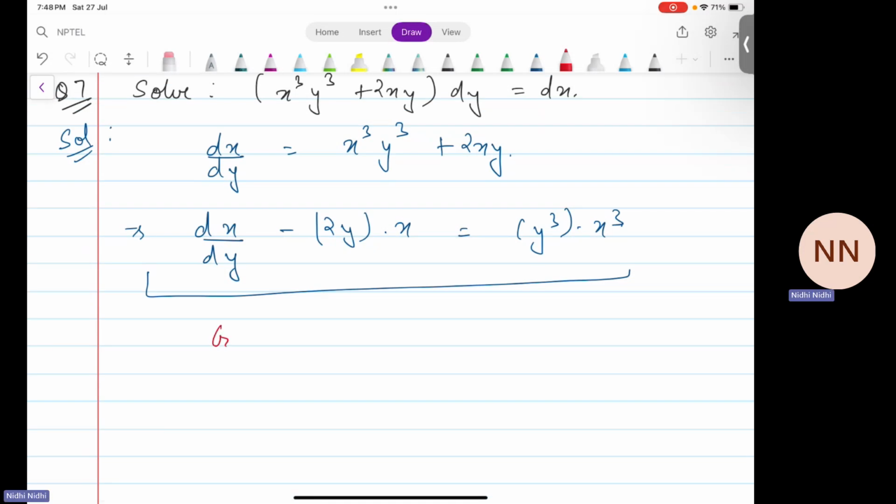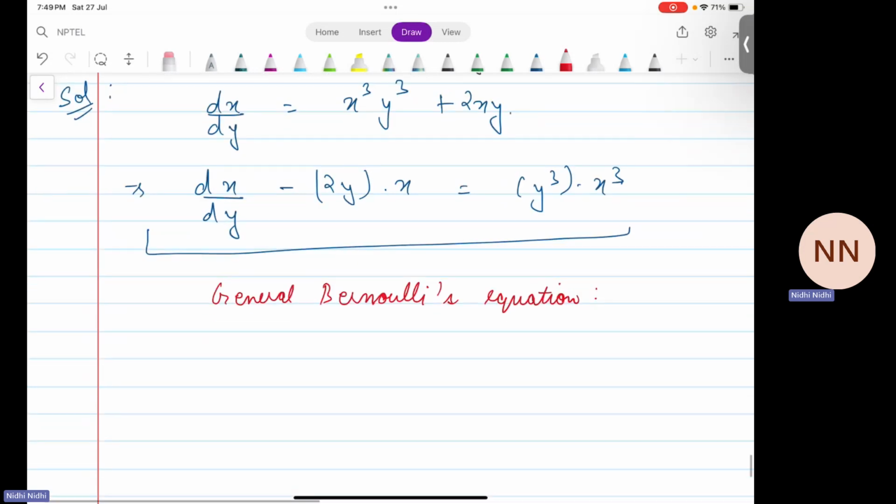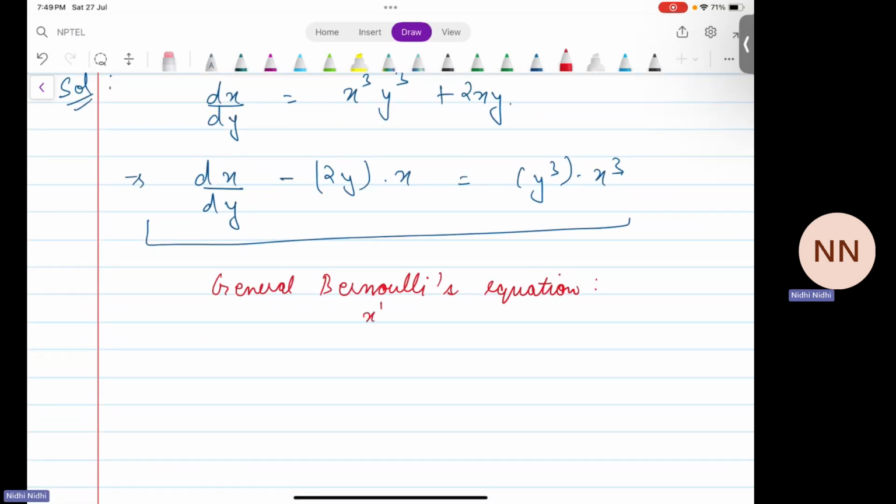A general Bernoulli's equation is of the form dx by dt plus some function p of t times x is equal to some function q of t times x to the power n.